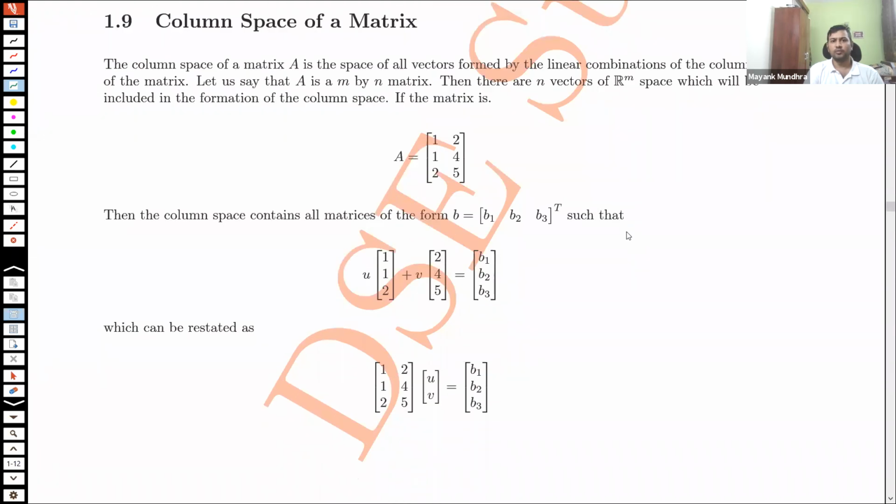All right, so before being able to get to the complete solution, we still have to develop a few concepts. So one major concept is the column space of a matrix. So the column space of a matrix A is the space of all vectors formed by the linear combination of the columns of the matrix. Okay, so suppose this is a matrix A, this you call vector V1, this vector V2.